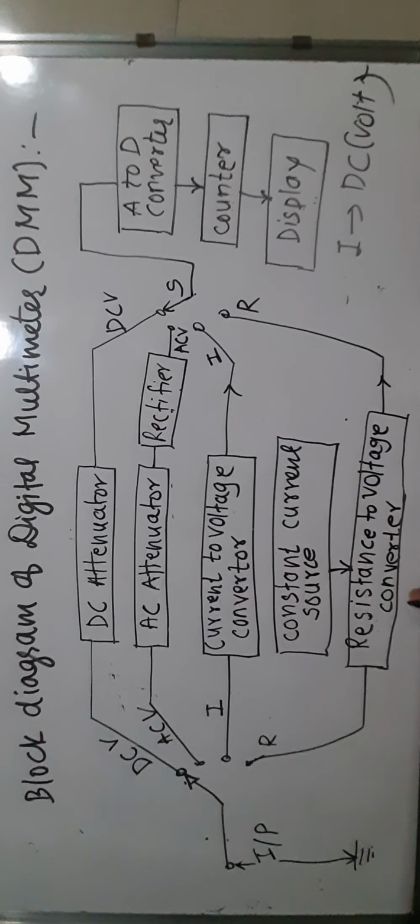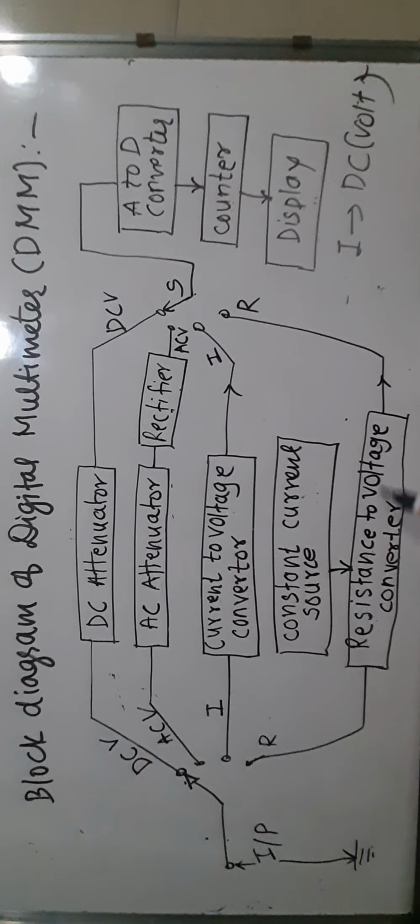Then for resistance measurement, what we have to do? Known value of current, constant current source is used which supplies the current. So here known value of current passes through the resistance by using constant current source, and due to this current, DC potential is developed across the resistance.